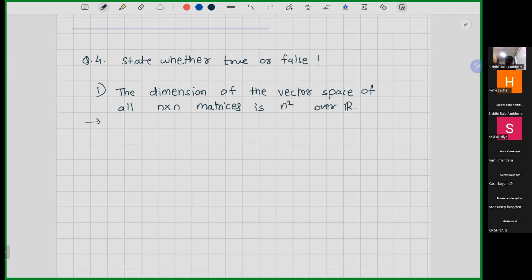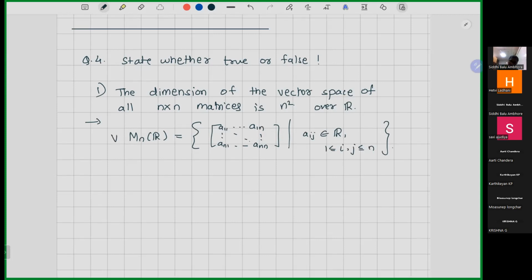So you know the set of all matrices. It is M_n(R). It is generated by all such elements, where a_ij belongs to R. So they are asking about the dimension of this vector space.